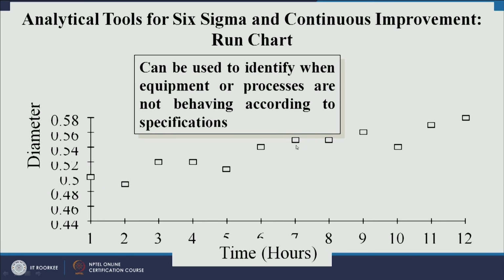If you fit a line over these data points, you will get an increasing trend, and it is possible that after, let us say, this chart is only for 12 hours, after 24 hours the process might go out of control. So, the run chart is an important chart. It will help you in knowing the trend of the process.